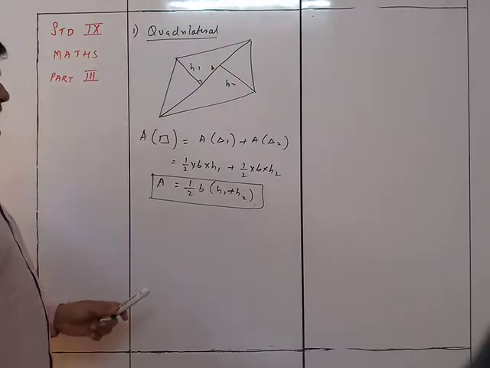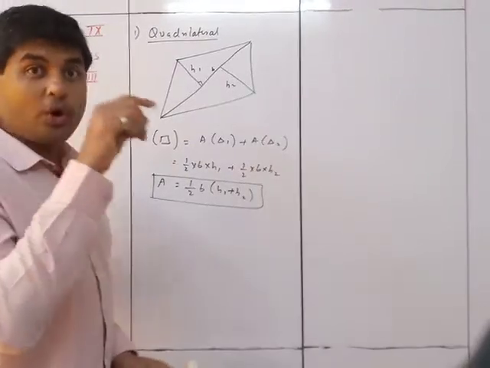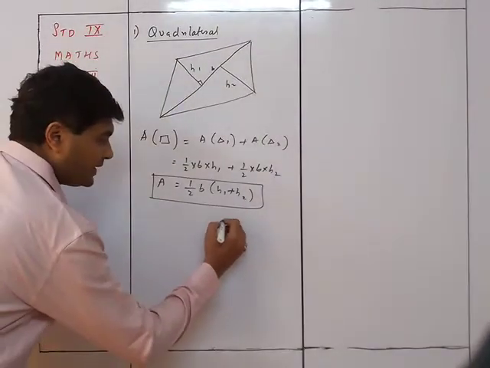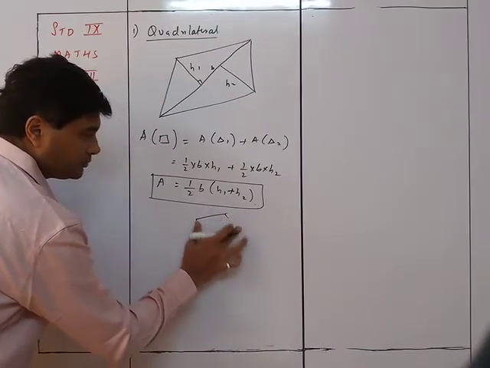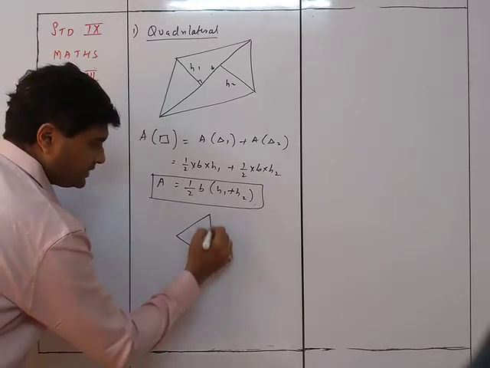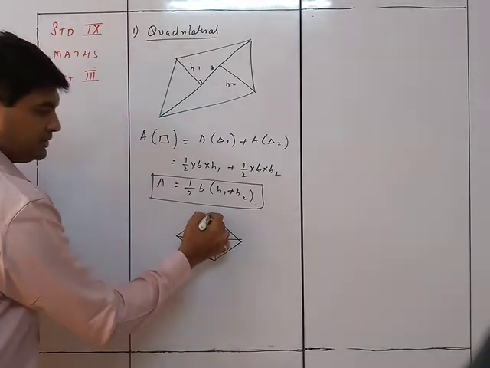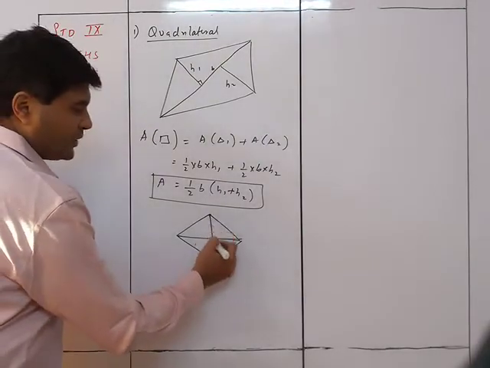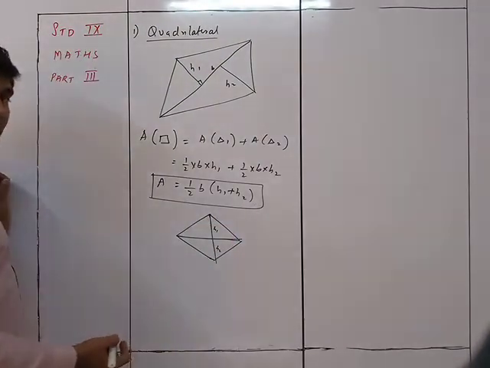The same case, if it is such that both of these are also the diagonals of the quadrilateral. So if the quadrilateral is like this, suppose this is the quadrilateral, wherein this is H1 and this is H2, but this total thing is the diagonal 1.